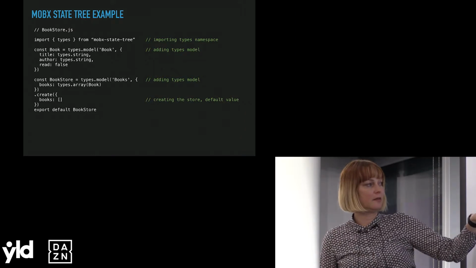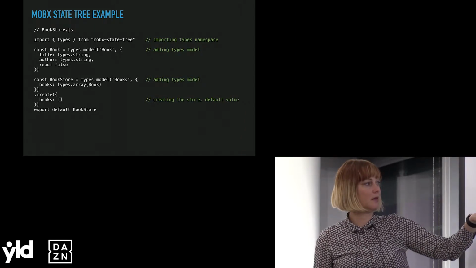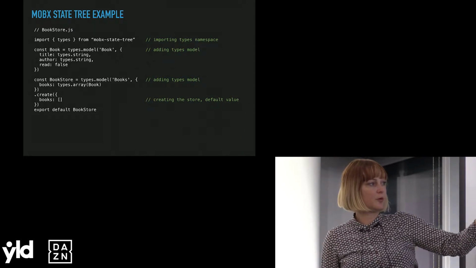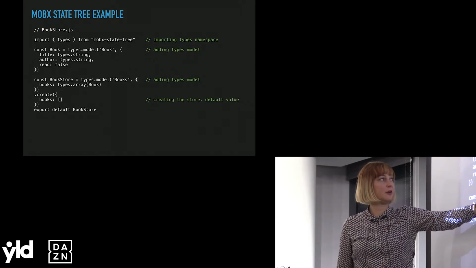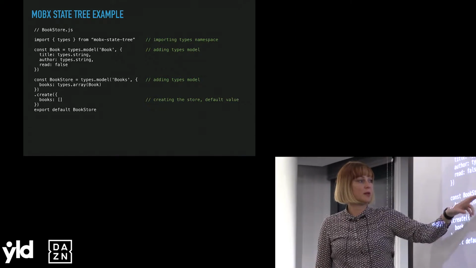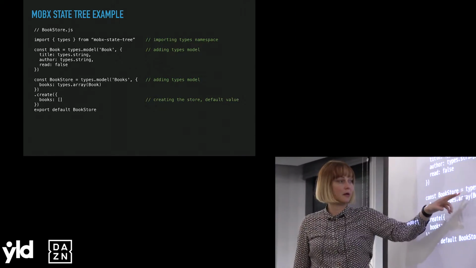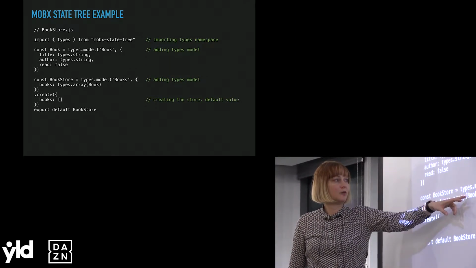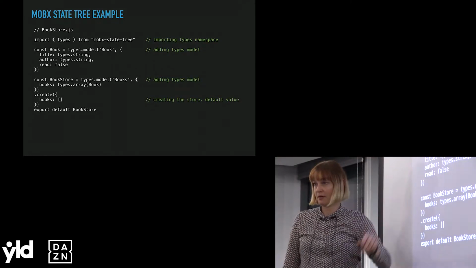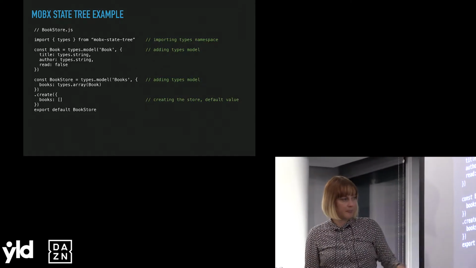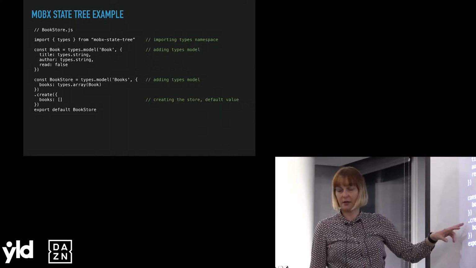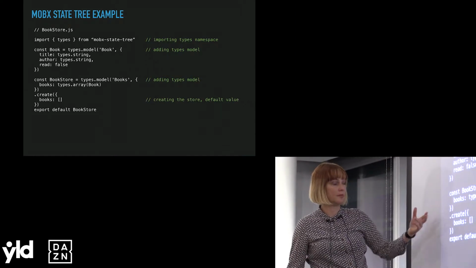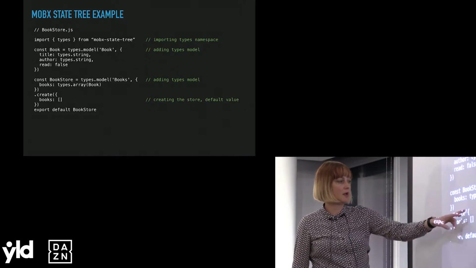However, in this case, the books property uses types array, but it references this book, meaning that every item in the array has to have this structure. And then create creates the store itself.